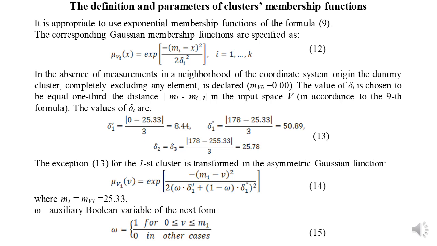The value of delta is chosen to be equal to 1/3 of the distance in the input space in accordance with the 9th formula. You should see these calculations in equation 13. The expression 13 for the first cluster is transformed into the asymmetric Gaussian function in accordance with expressions 14 and 15.